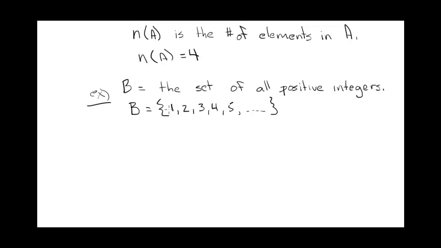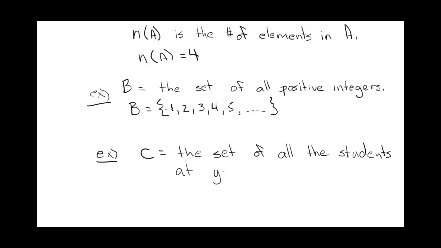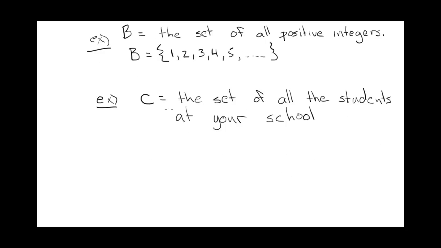And then sometimes you'll see examples like this. Let's say C equals the set of all the students at your school. Now here, if I wanted to list all the elements, that's not really feasible. There's about 1,500 students at the school.